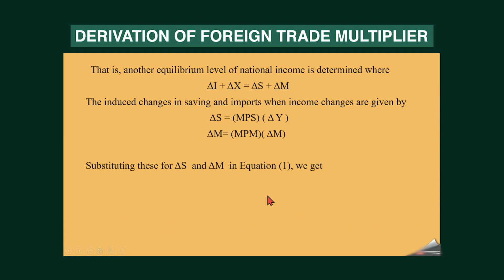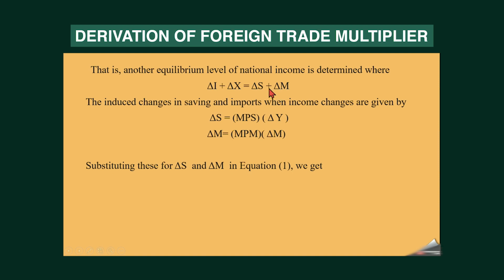Now, we can see this change by taking change in the variables on both sides. That is, delta I represents change in investment, delta X represents change in export, delta S represents change in savings, and delta M represents change in import.